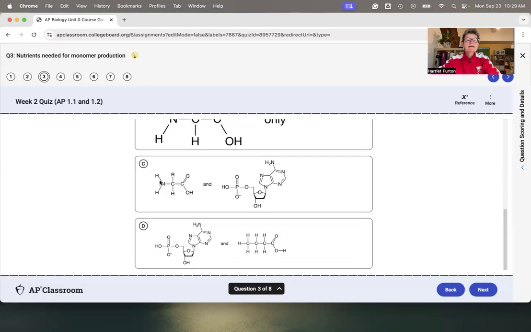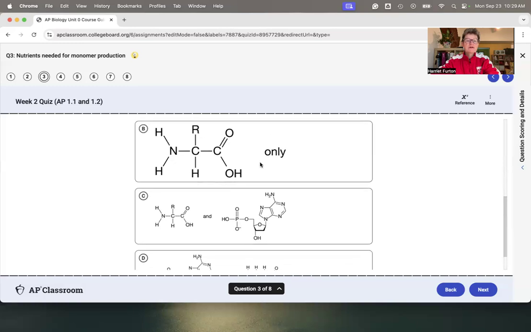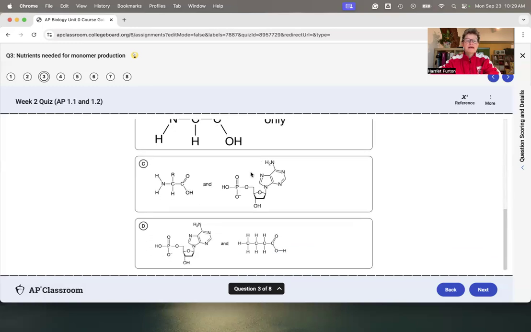This contains nitrogen, and this also contains phosphorus that is in the potting soil, so C is a much better answer than B. And the last one contains phosphorus, but no nitrogen. So we should pick C for that question.